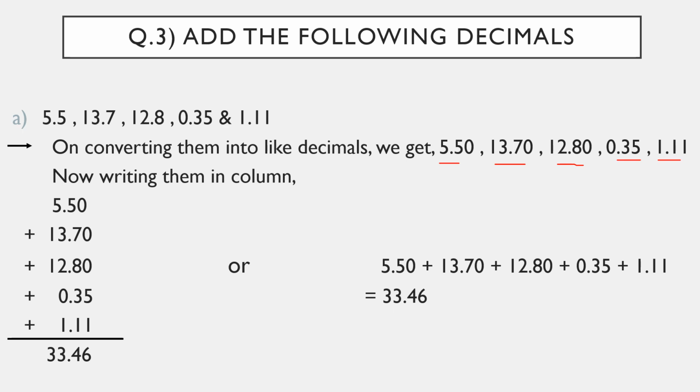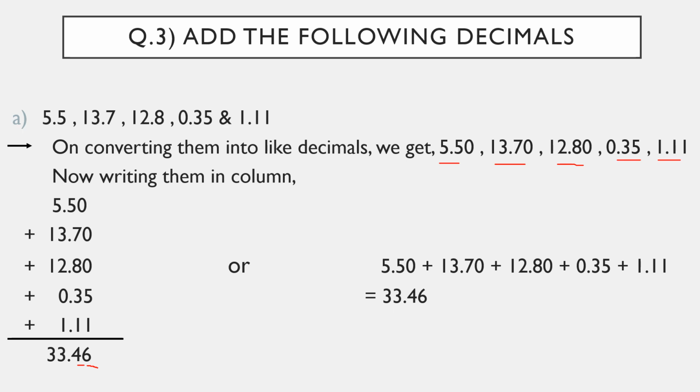As we are adding our regular numbers, by the same way you will add these numbers also. So we'll start from right to left, right? So we'll add 0 plus 0 plus 0 plus 5 plus 1, that is 6, right? Then next numbers are 5 plus 7, that is 12, 12 plus 8, that is 20, 20 plus 3, 23, 23 plus 1, that is 24.